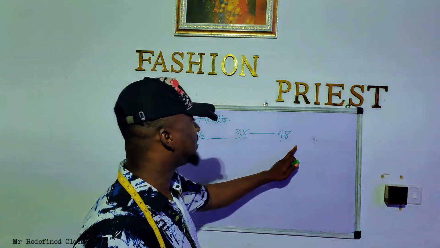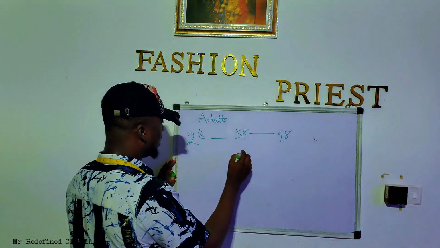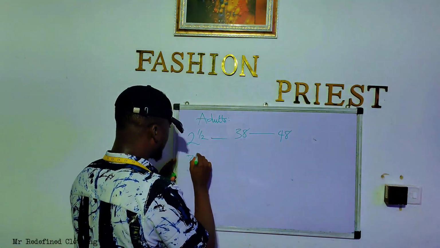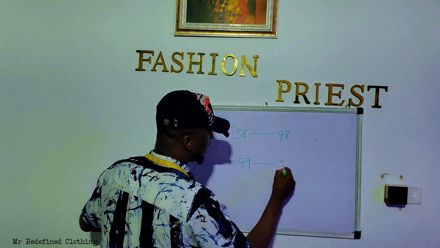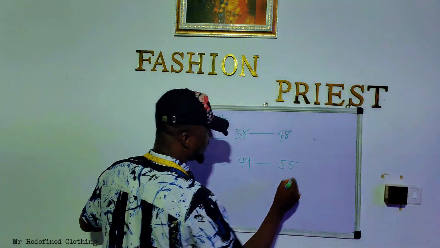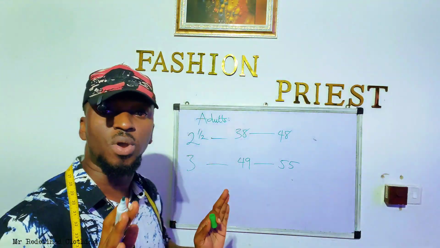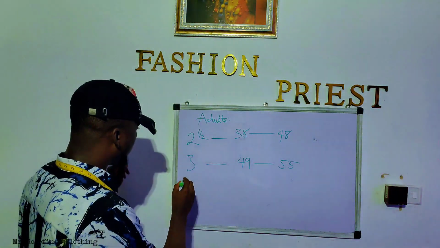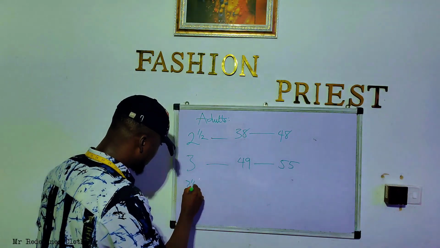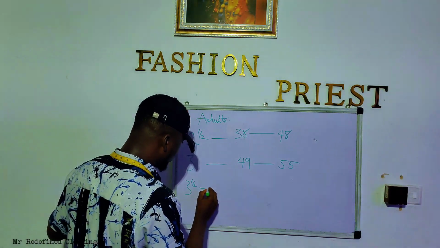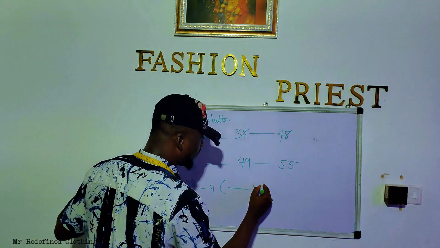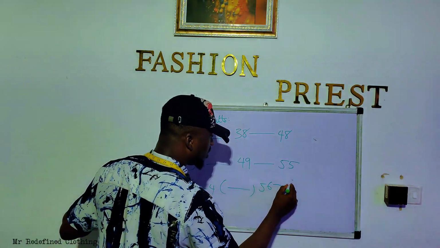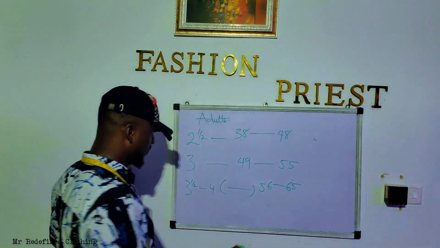Now, any chest size that ranges from, let's say, 49 to, let's say, 55, 3 inches will work for them, right? Now, from 3.5 inches to, let's say, 4, the body size you can work with will be from 56 to 65, right?